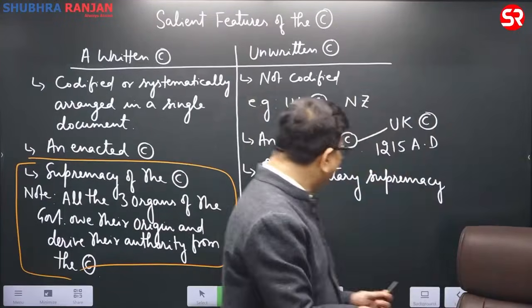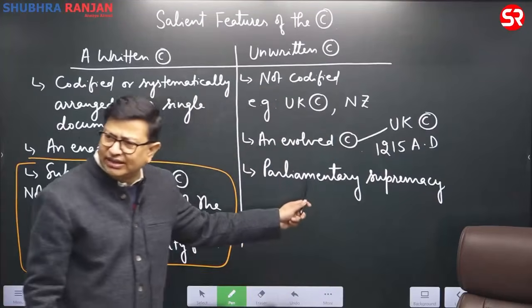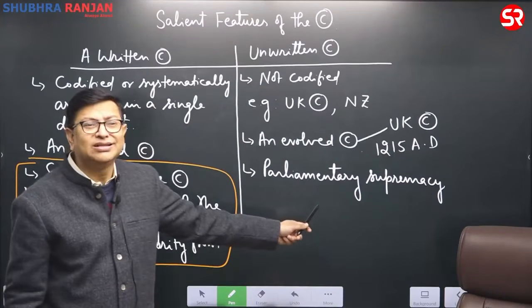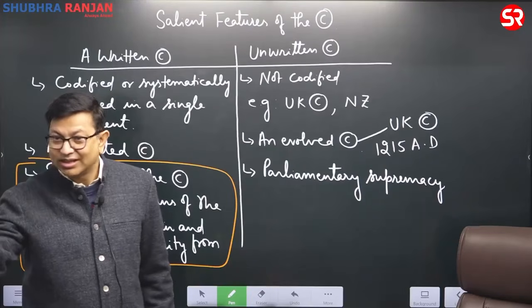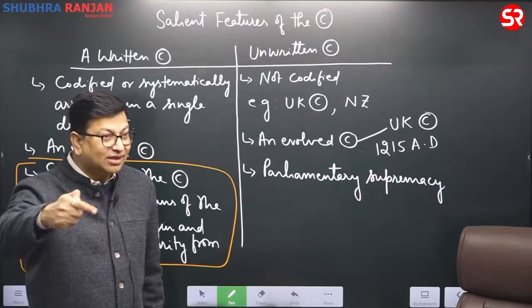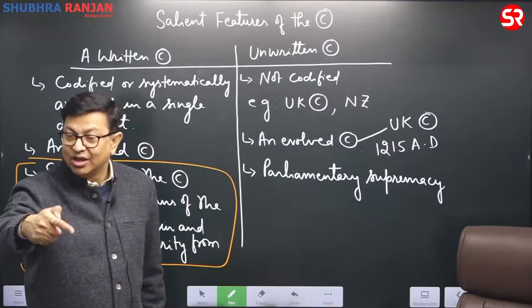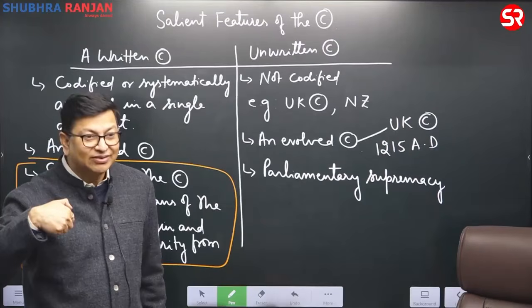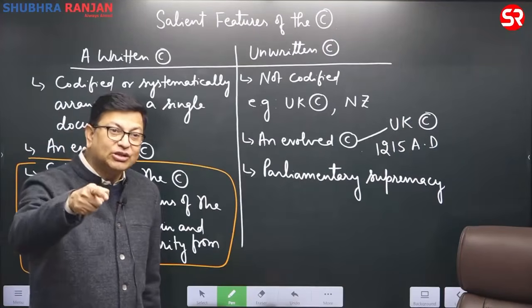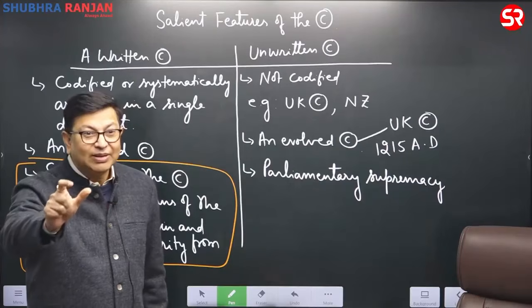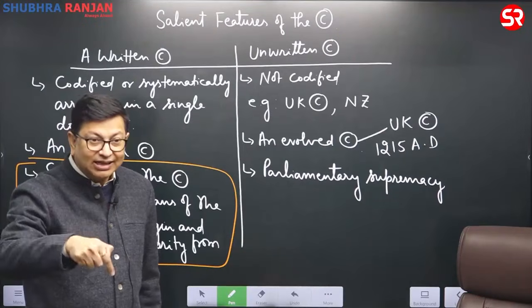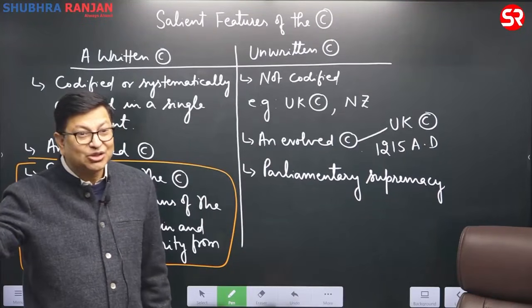But here in United Kingdom, everything was decided by the Parliament itself, that the Parliament will consist of these houses, will make the laws like this, this will be our privileges, we will decide about ourselves. The Parliament decided about the judiciary, how the judges will be appointed, what will be their term, and in our country it has been mentioned in the Constitution.